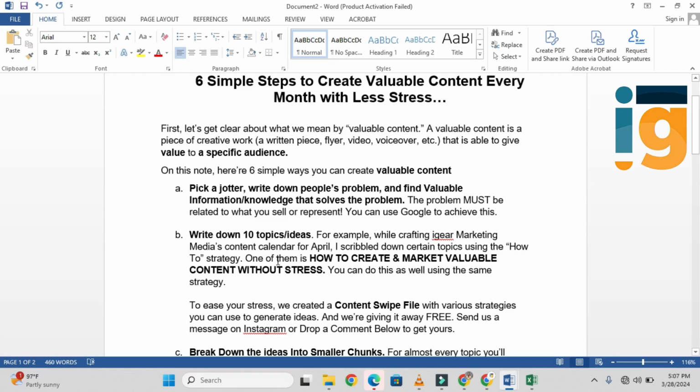Now the auto strategy was able to help us actually generate lots of valuable ideas, right? So one of the ideas was how to create and market valuable content without stress. So this here is an idea. Are you getting me? It is not in form of content here. It is still very, very raw, because you are still going to process it.